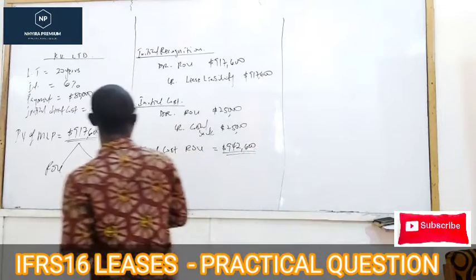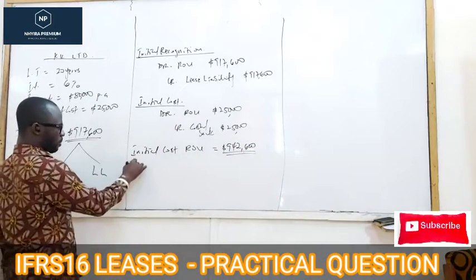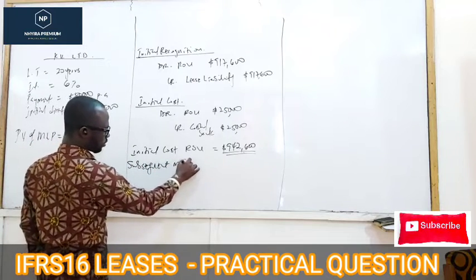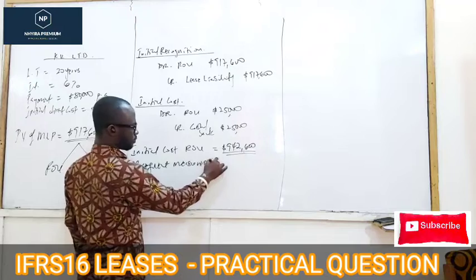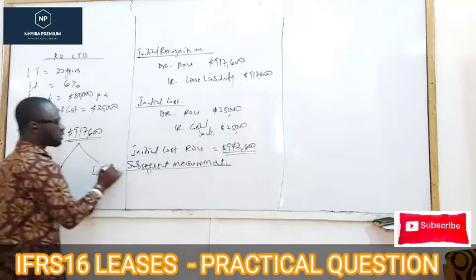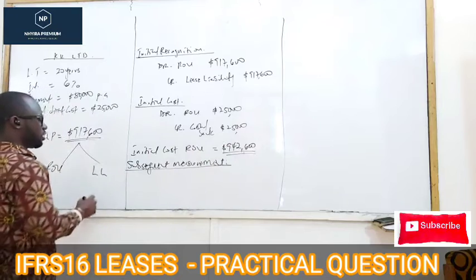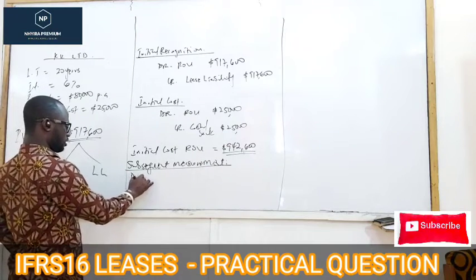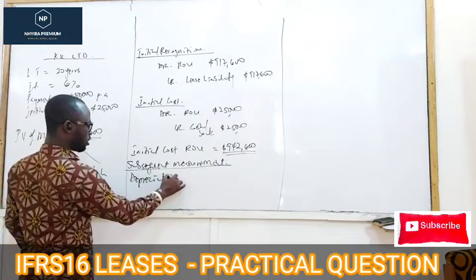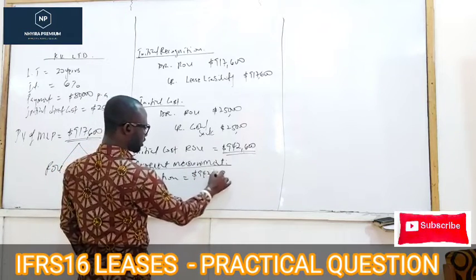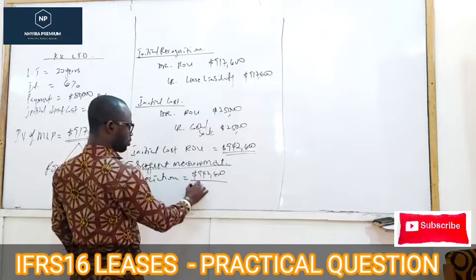So let's look at how we do that. So on subsequent measurement, what do we say? We bring the annual depreciation, and that is $942,600 divided by 20 years.